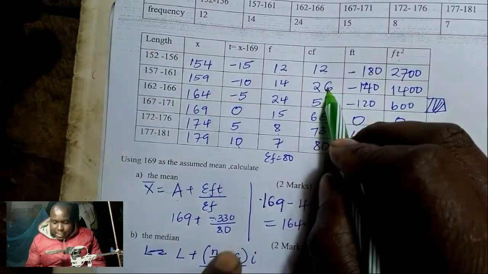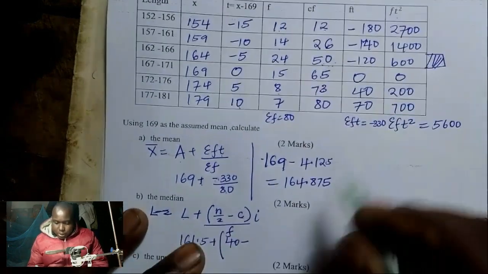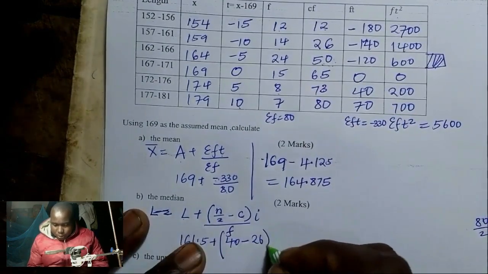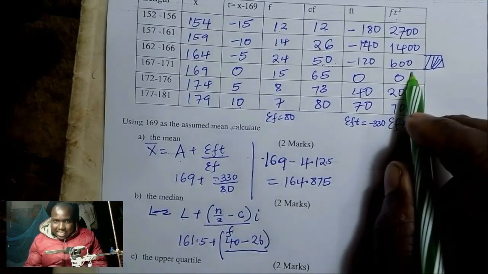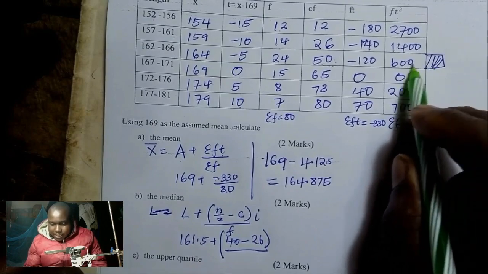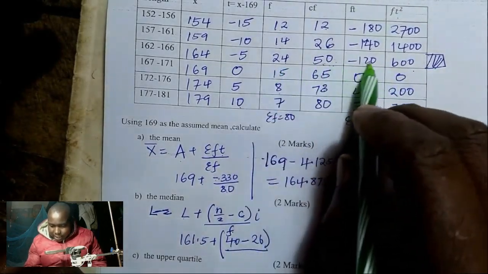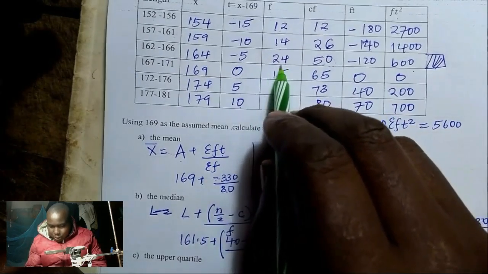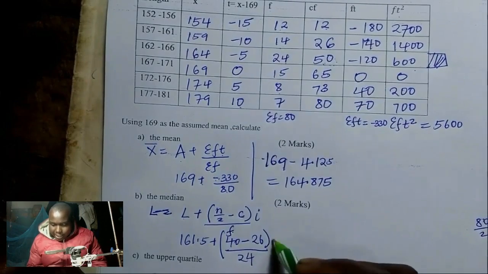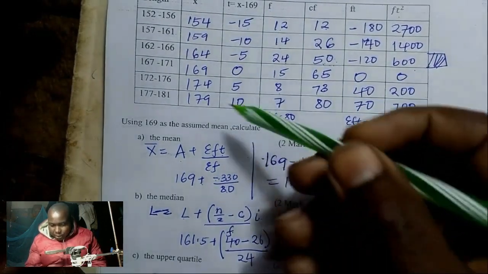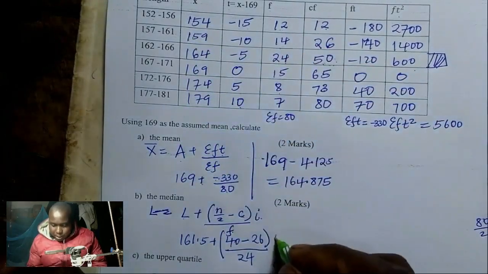Hiyo ndio inaitwa C, which is 26. You close the bracket, divide by F. F is the frequency in the median class, which is 24. So you divide by 24 and then times I. I is the class interval. Our class interval is 5.